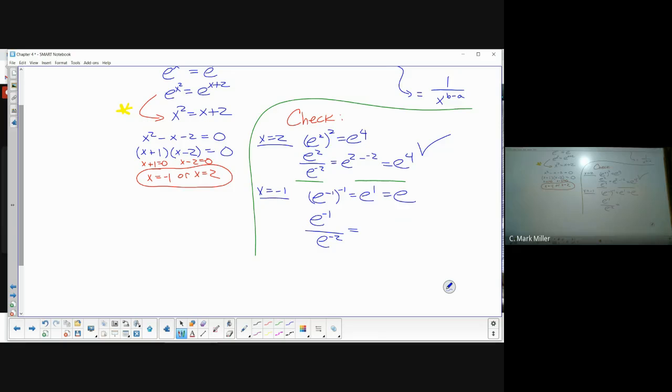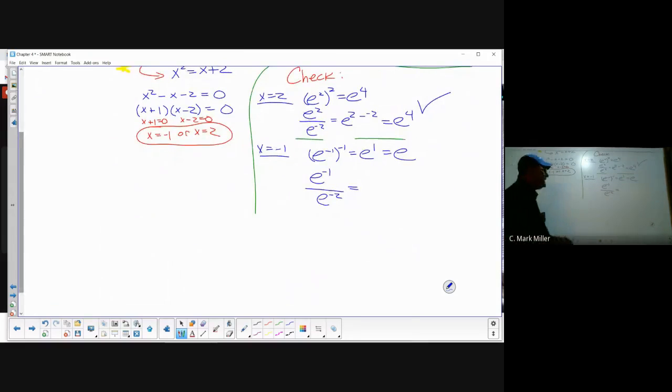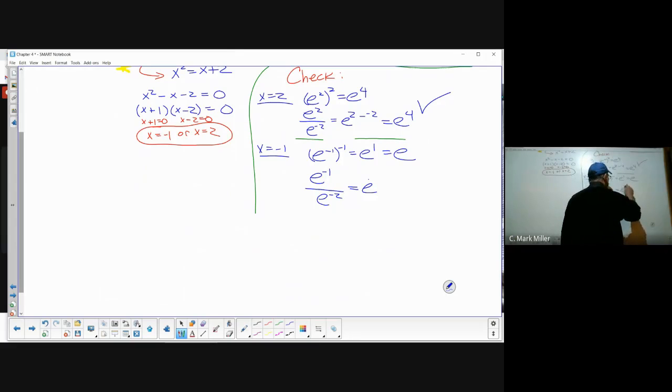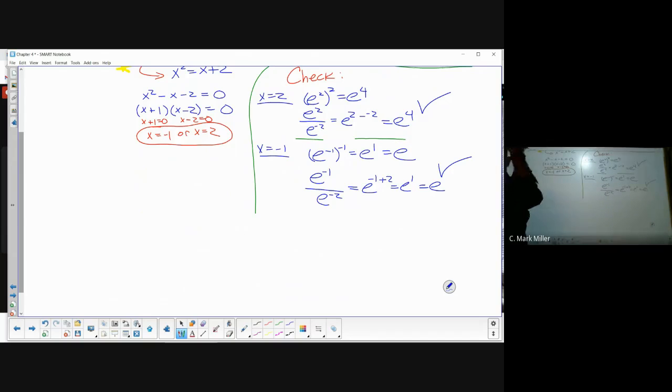Remember our little rule up here at the top, property of exponents. This is e to the minus 1 plus 2. That's e to the 1, and that is e. Check. Smile. Your brain releases happy sauce.